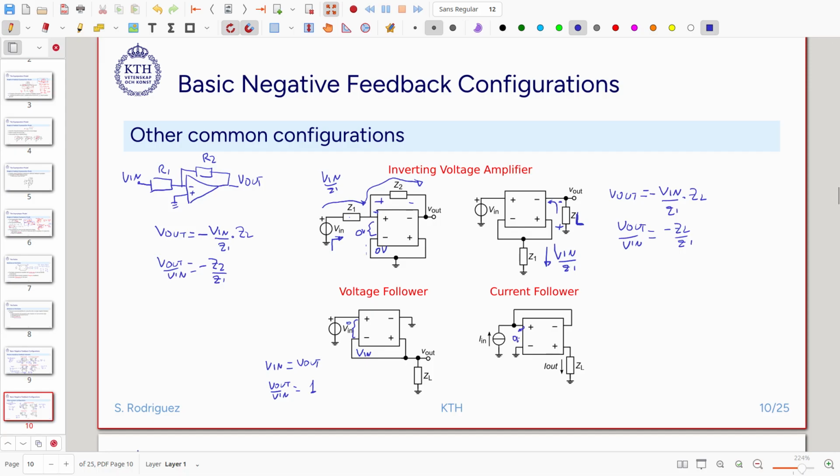There is 0 volts between these two terminals, but there is no current entering the nuller, so all this current has to be diverted towards this output here, and then enters the nuller and then goes out like this. So I out is going to be equal to I in, and then we have that I out divided by I in is going to be equal to 1, and we call this one a current follower.